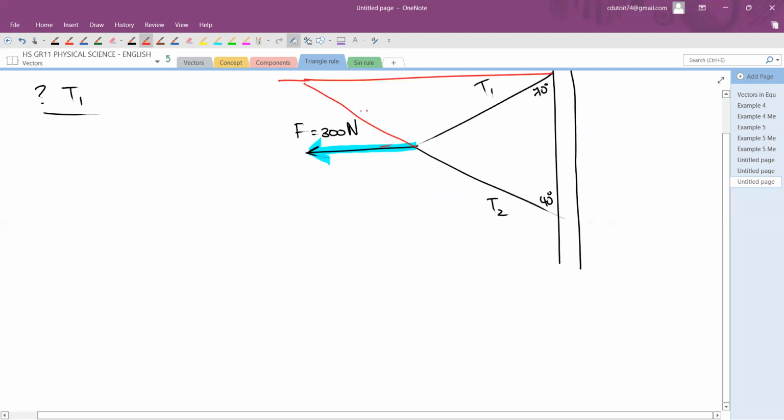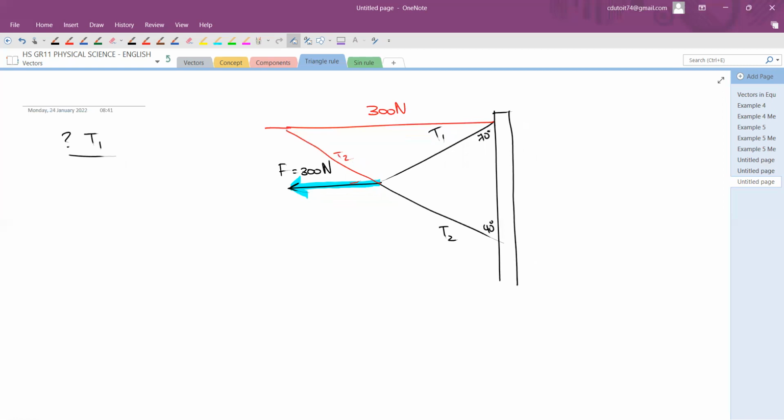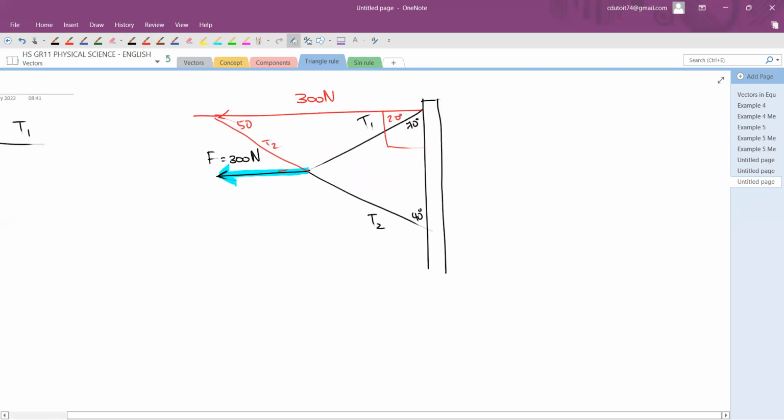This is T2. So now I need to get angles. This is like 20 degrees, isn't it? And it's going in that direction. And this is 90 here and a 40 there. So we have a 50 here. 50 plus 20 is 70, and that means it's 110 degrees.